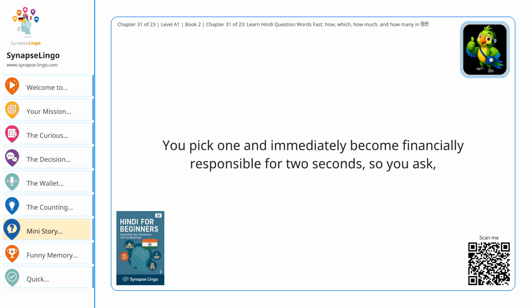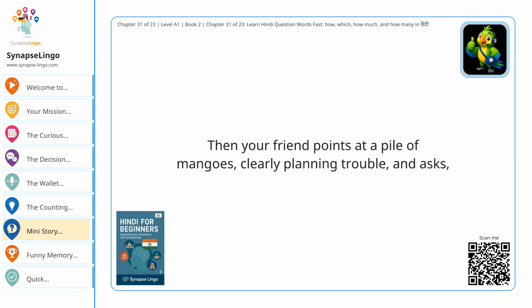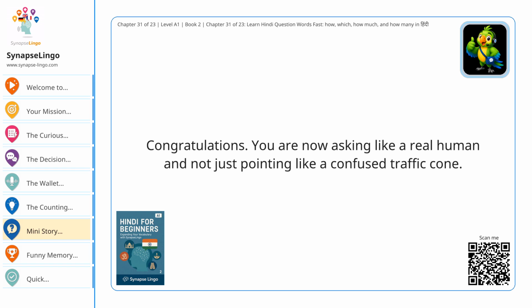You pick one and immediately become financially responsible for 2 seconds, so you ask, ये कितना है? Then your friend points at a pile of mangoes, clearly planning trouble, and asks, कितने? Congratulations. You are now asking like a real human and not just pointing like a confused traffic cone.